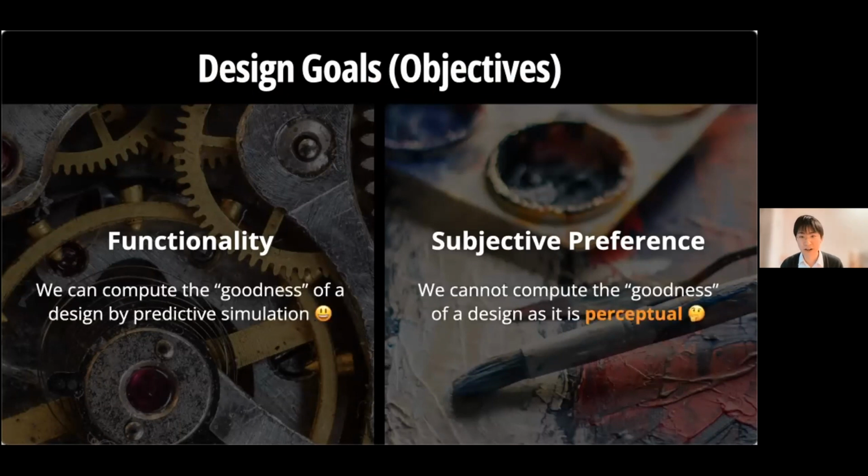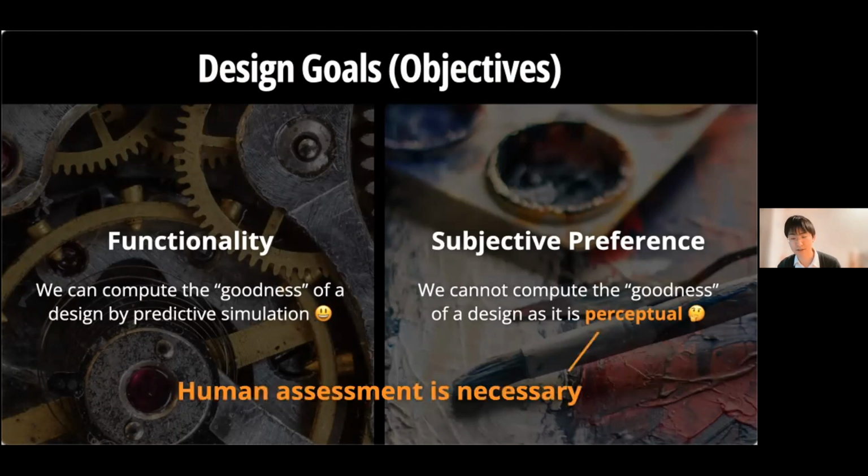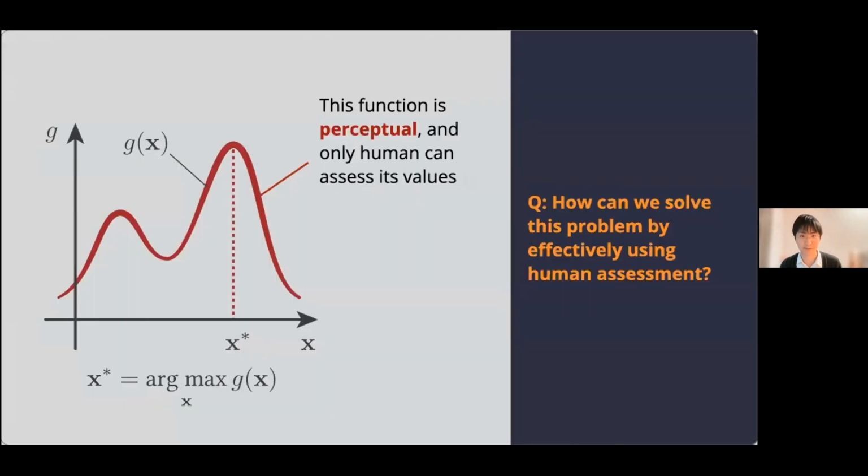For the functionality, we can compute the goodness of a design by using predictive simulation, like physical simulation. On the other hand, for the preference, it is difficult to compute the goodness of a design because preference is a perceptual metric. So we need to incorporate human assessment somehow into the optimization process.